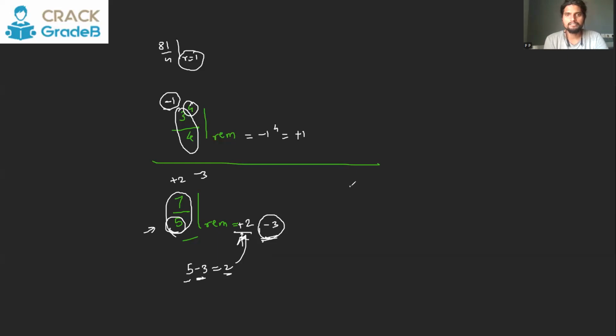If I say for a division n upon 8, the negative remainder is -5, what is the positive remainder? All you have to do is 8 minus 5, that is 3. 3 is going to be the positive remainder. So this is how you find the positive remainder from a negative.